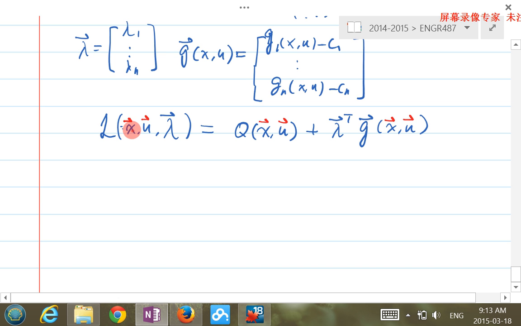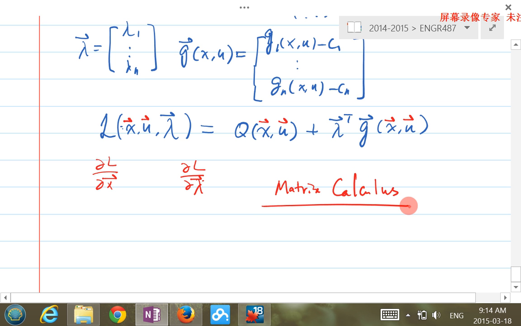For example, if you see partial L over partial x, instead of a scalar for x, this is going to be a vector. Or what about the partial L over partial lambda? The derivative format is slightly different, and we're dealing with so-called matrix calculus.